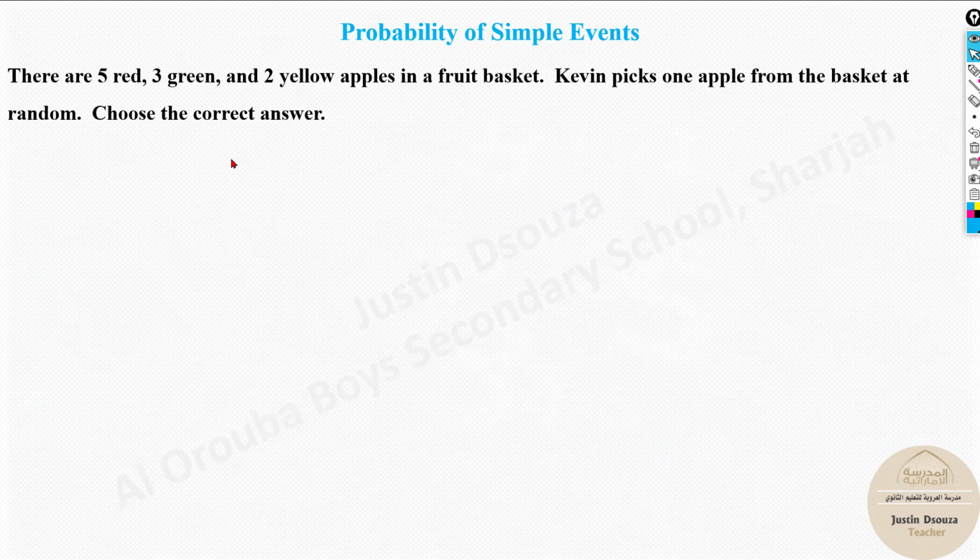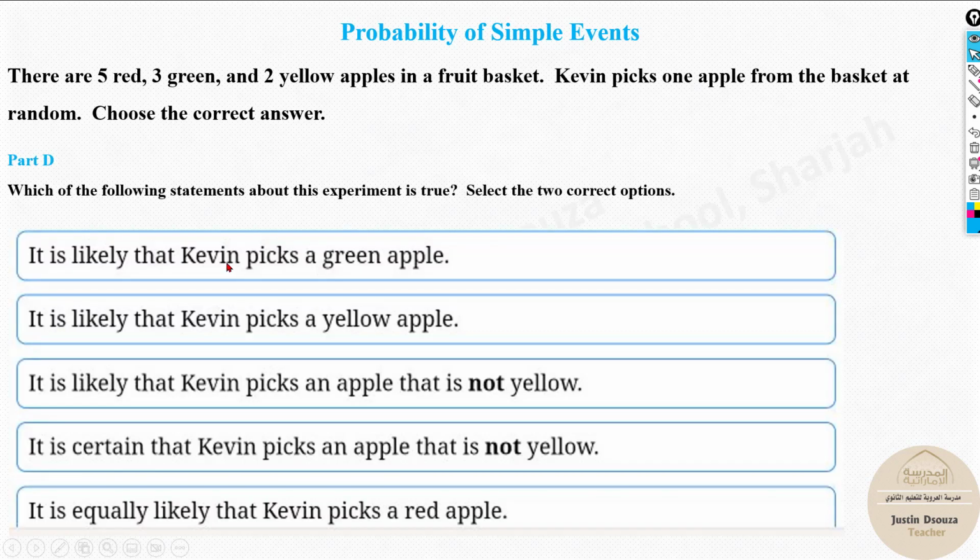Now, over here, they have given the same question, but they have given you plenty of options and you need to choose. Which of the following statements about this experiment is true? Choose two correct options. Let's read all the options and see one by one. It is likely that Kevin picks a green apple. See now, about likely or certain or equally likely.